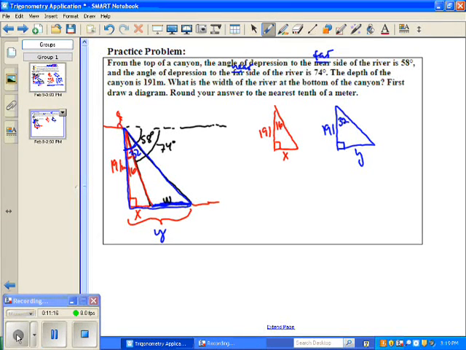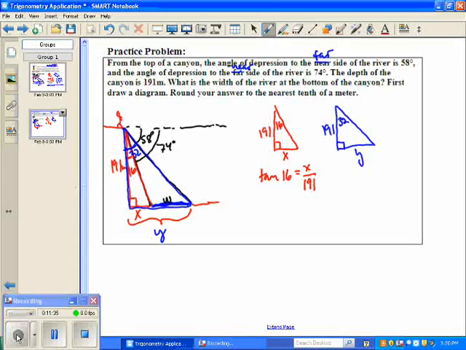So we're going to take the red triangle. Again, we set up a trig function. Again, we have opposite and adjacent to the angle. So we have tangent. So tangent of 16 equals opposite, which is x, over adjacent, which is 191.